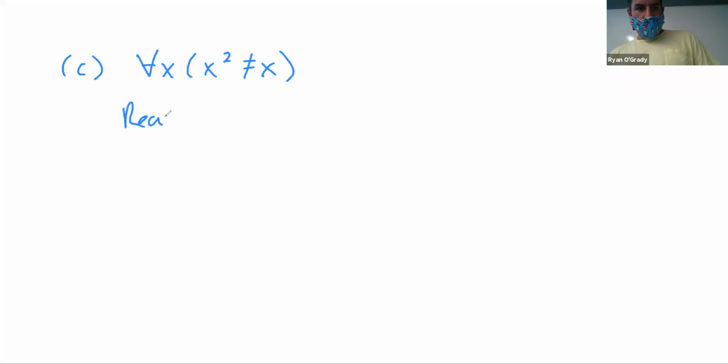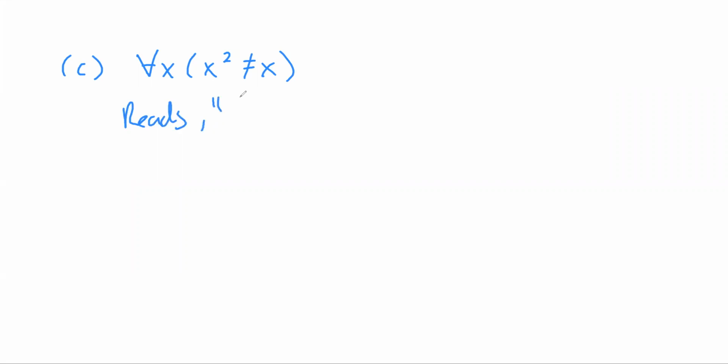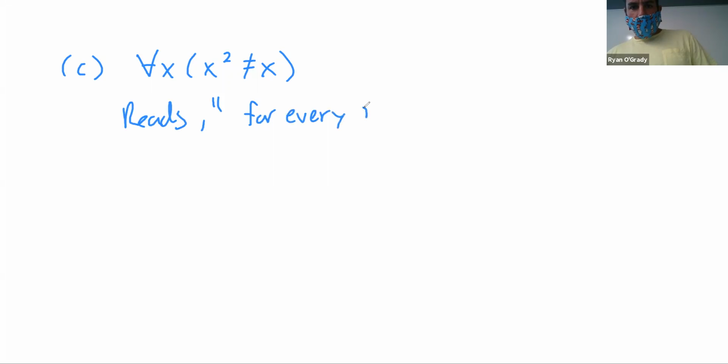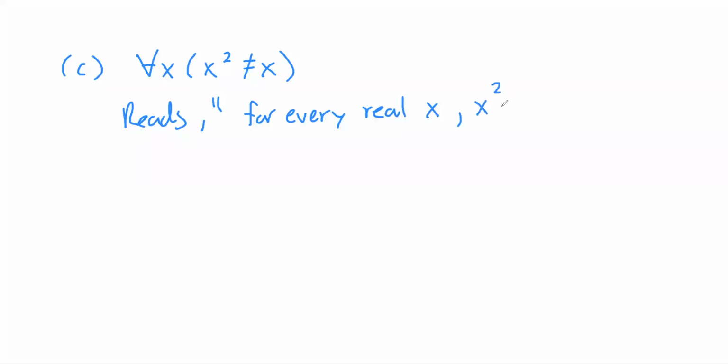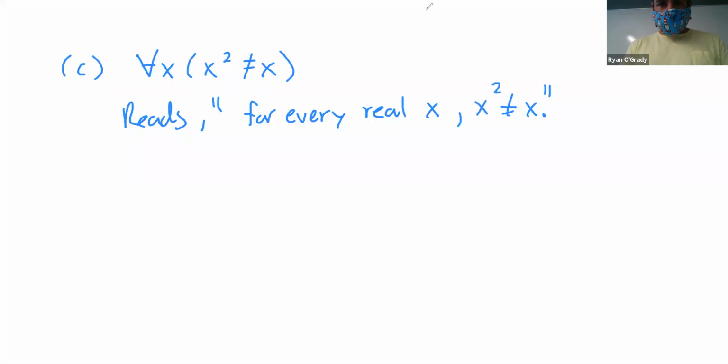So this reads, for every real number x, x squared is not equal to x. That's how that reads. And so is this true or false?